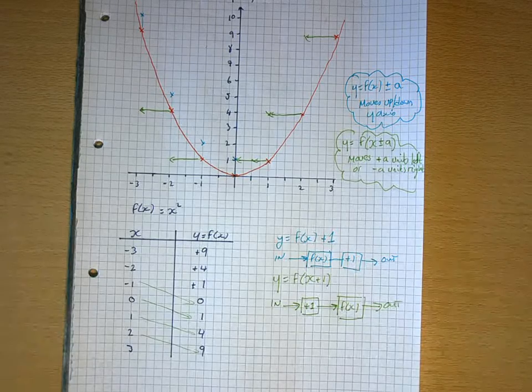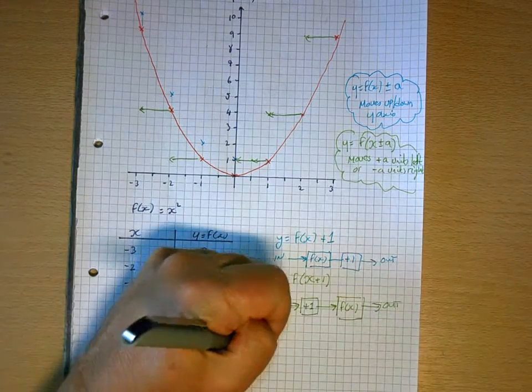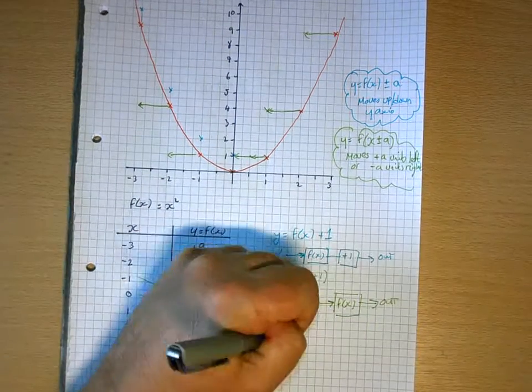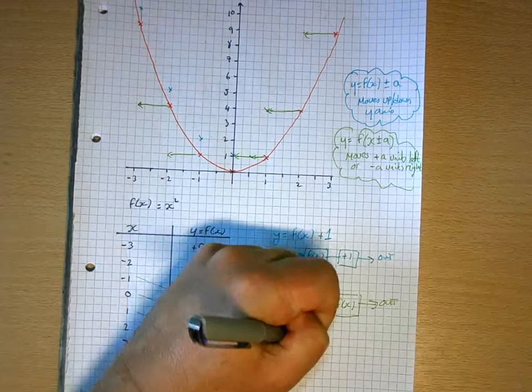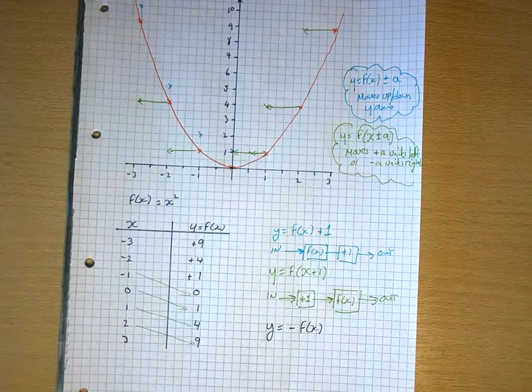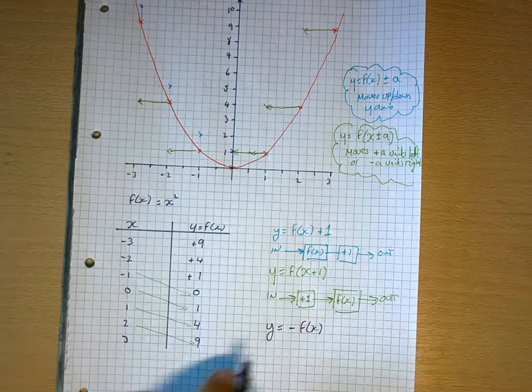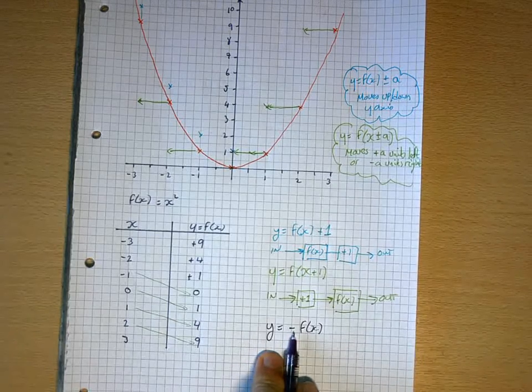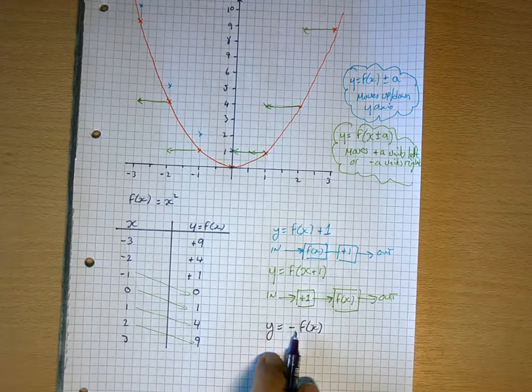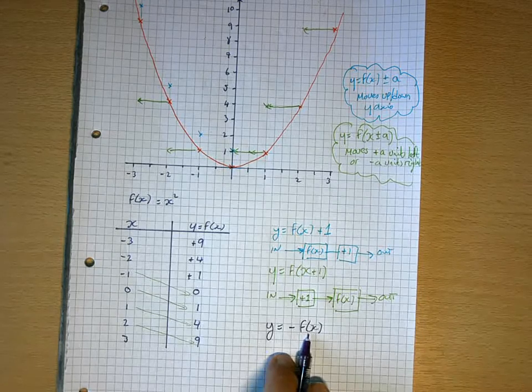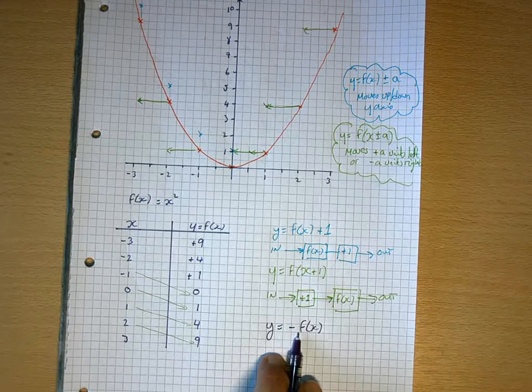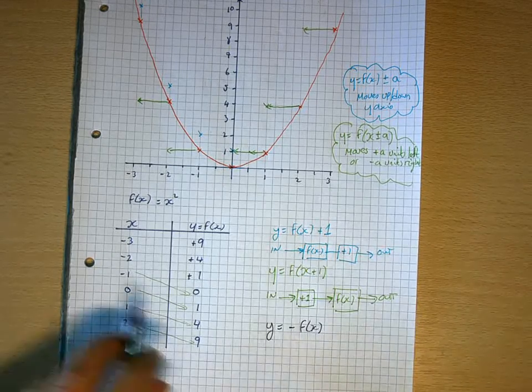The next transformation that you need to know about is what happens if you've got a minus sign in front of the function. So what happens if it becomes negative? Well, again, what this is doing is taking the output and making it negative.